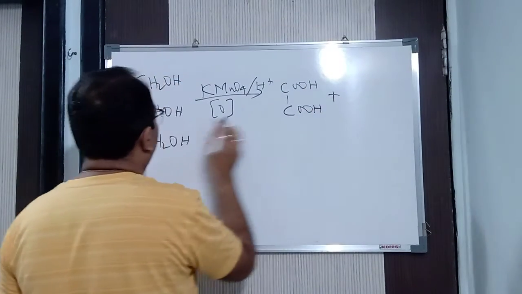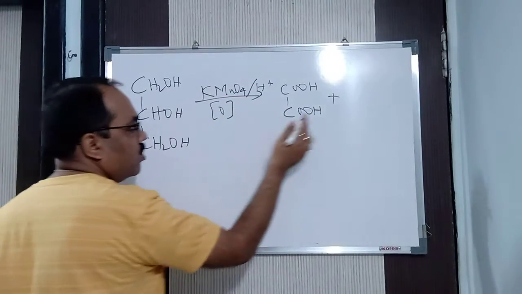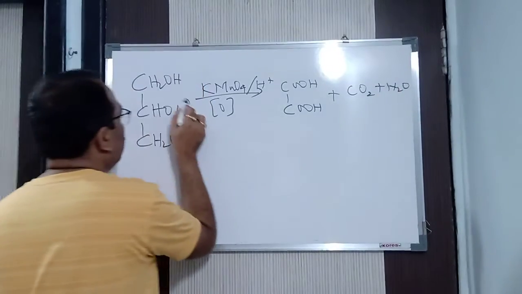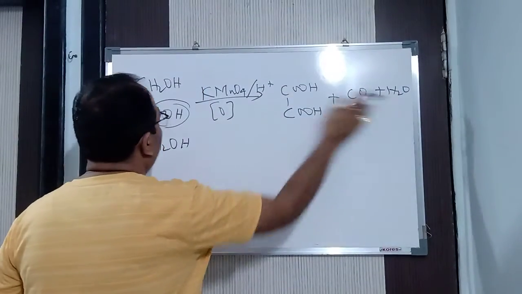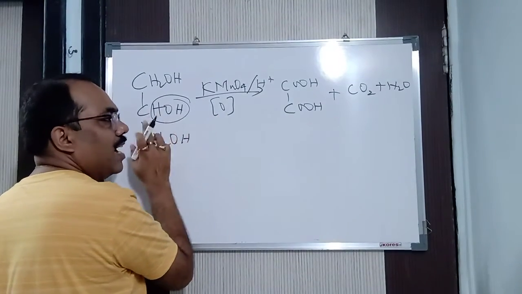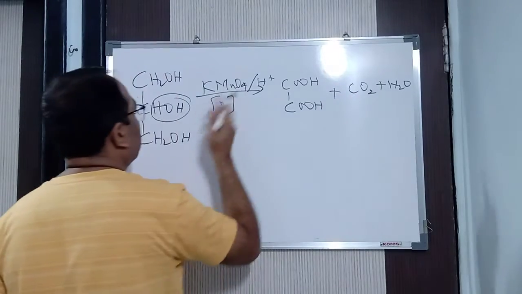And the secondary one will be oxidized to carbon monoxide. Carbon monoxide further oxidizes to carbon dioxide, and water is released. Here see, HOH, water is released. C reacts with oxygen to form CO, but carbon monoxide is unstable. Ultimately it will get oxidized to carbon dioxide and water. That's it, in this way.